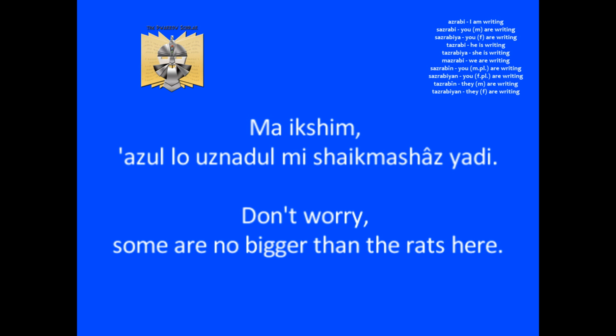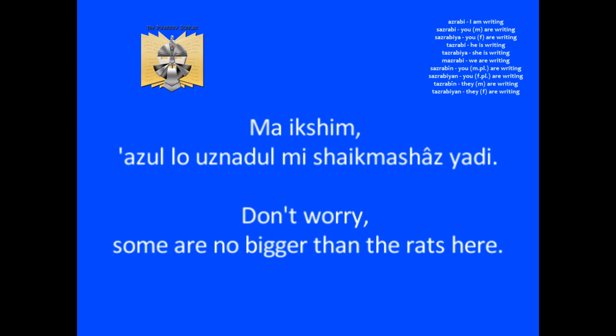In this sentence, we also see two forms of negations, being ma and lo. As we've seen before, ma is placed before a verb when it negates its meaning. In this case, the imperative form ikshim, meaning worry. Now, we won't go into detail on the imperative form for now, yet it's important to note that regardless of the fact that our verb is in the perfect, imperfect, imperative, or any other type of tense, ma is what we will use when we wish to negate the meaning of it.